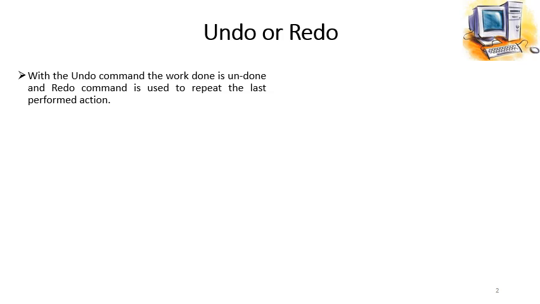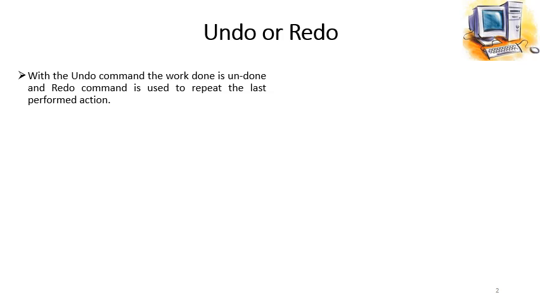Sometimes while typing or performing any formatting tasks, we suddenly think that we have mistakenly done something. In that case we don't have to worry, we just need to undo that last action that we have performed, and it will be undone.